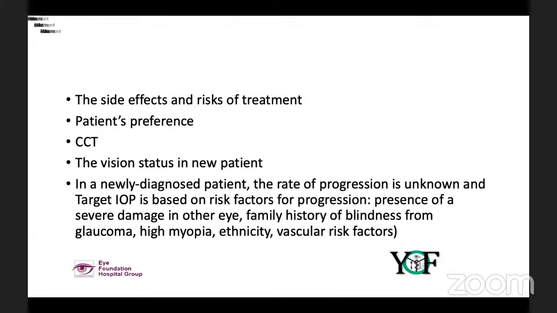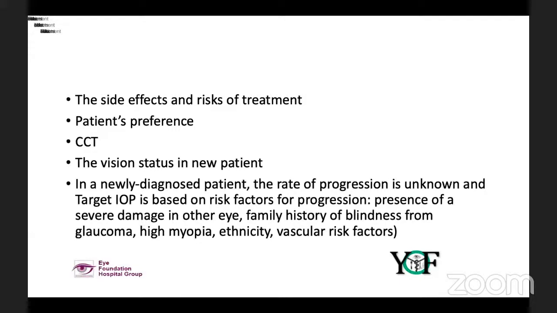The central corneal thickness must also be considered. Dr. Garba actually discussed much on this. The thinner the corneal thickness, the lower the target intraocular pressure. And the vision status in the new patient.